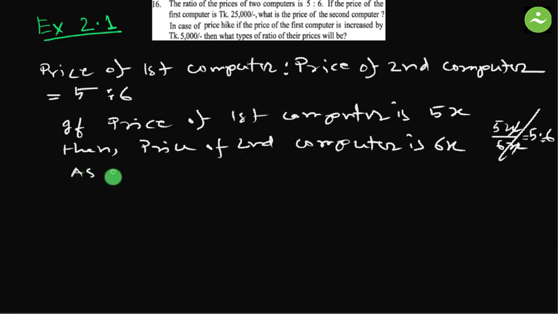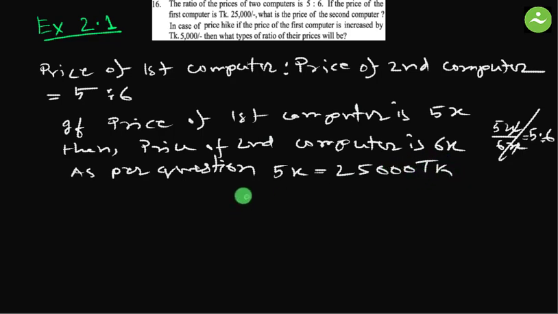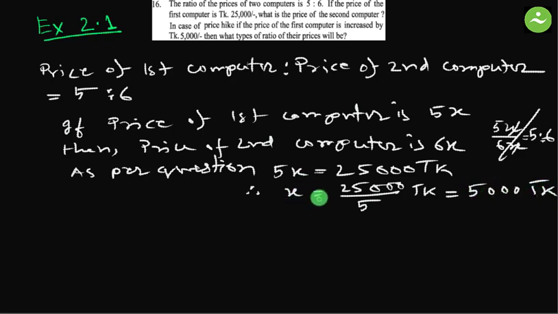As per question, 5x equals 25,000 taka. Therefore, x equals 25,000 taka by 5 equals 5,000 taka. Now we got the value of x. Can we find the value of 6x?